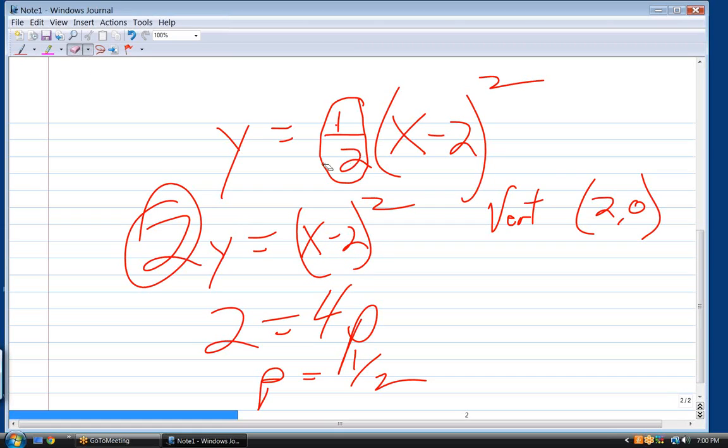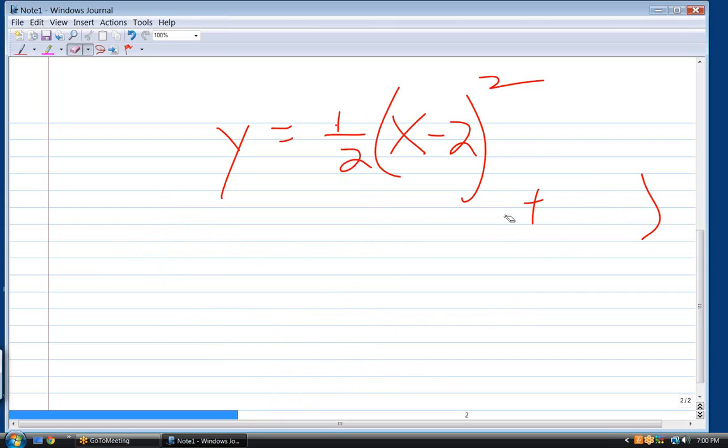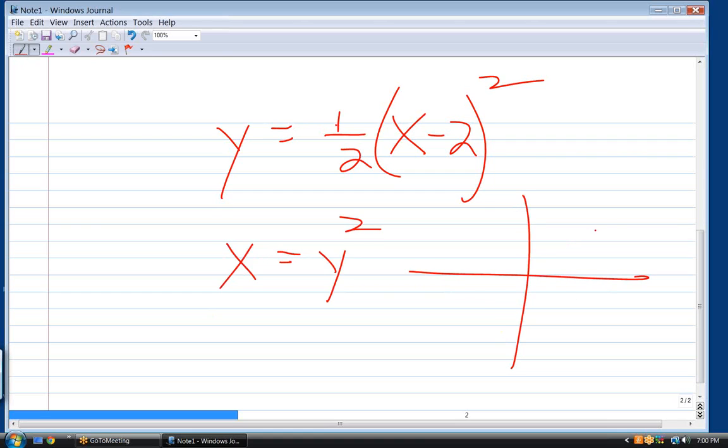If you're talking horizontal parabolas, the difference is horizontal parabolas are x equals y squared, right? In other words, if I were to plot this, that graphs like this. And the focus is the coefficient of the x term.